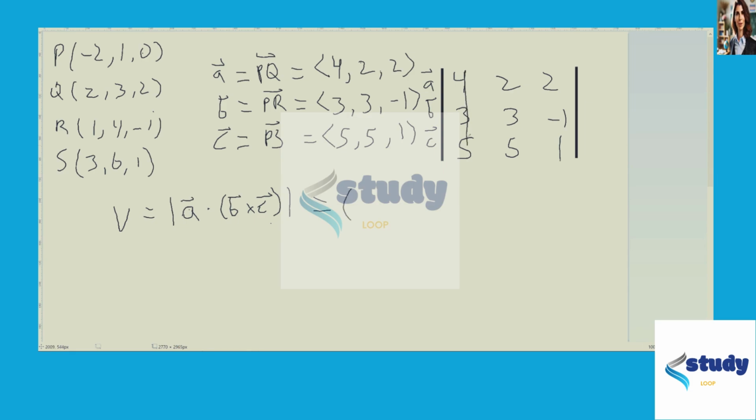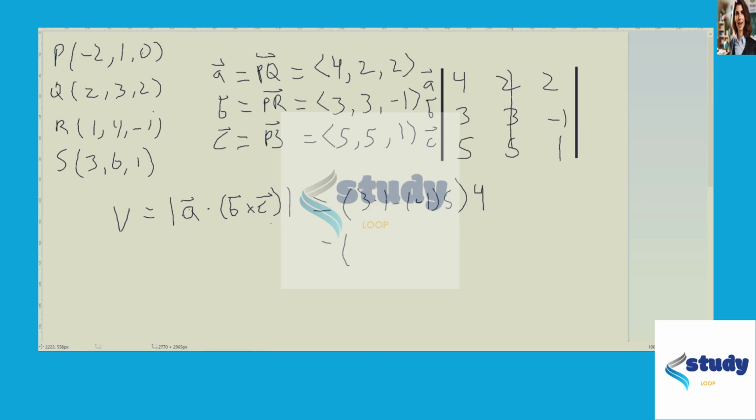So this gives us, when we ignore the first column, 3 times 1 minus negative 1 times 5. And normally we would multiply this by I, but this time we don't have an I here, we have 4.